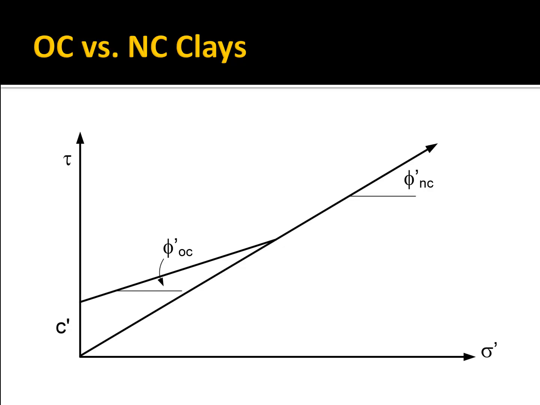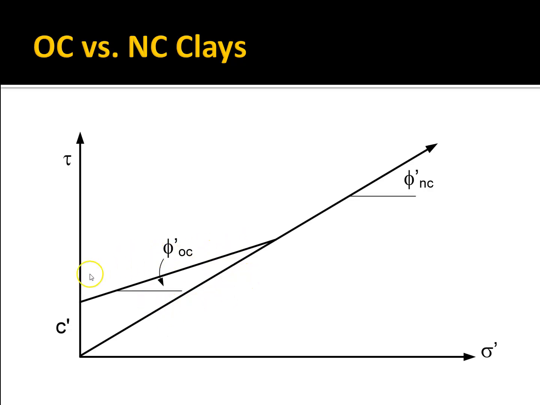Whereas an over-consolidated clay, designated, or soil I should say, by the OC, it's been subjected to strong, large stresses in the past, and that makes it stiffer and stronger, and it behaves a little differently. It has a cohesion intercept, meaning even if you have no stress applied on it, it still has some cohesion and implicit strength, whereas a normally consolidated soil would not.